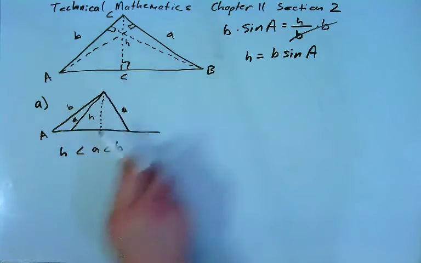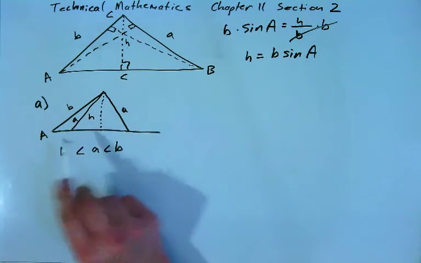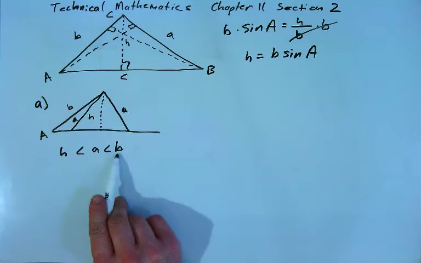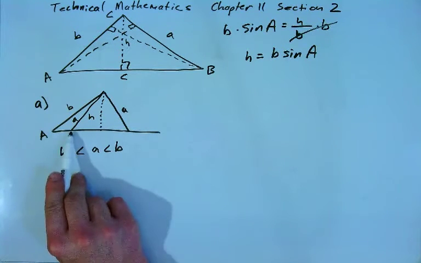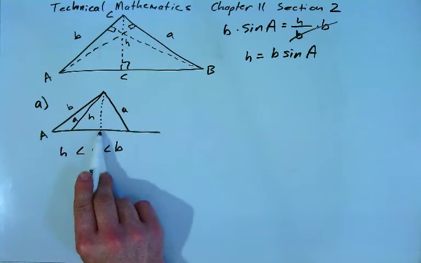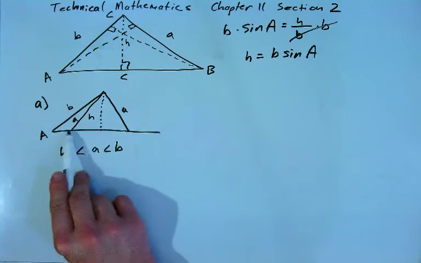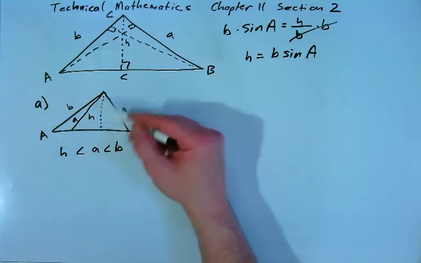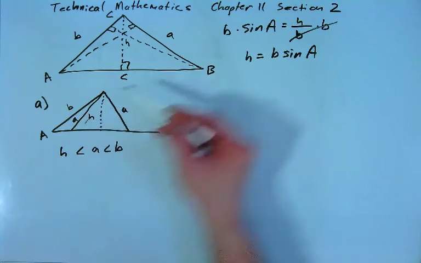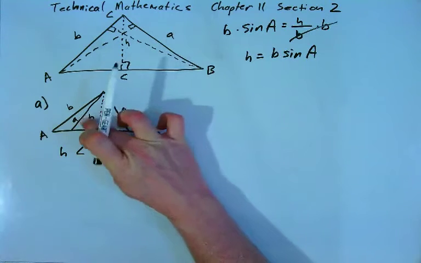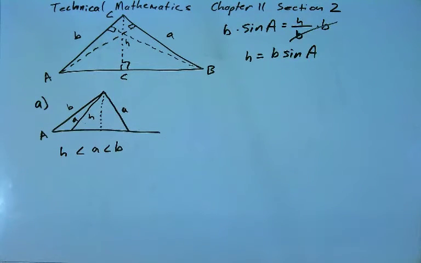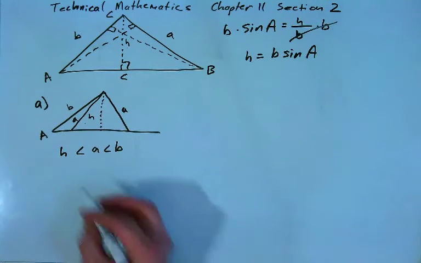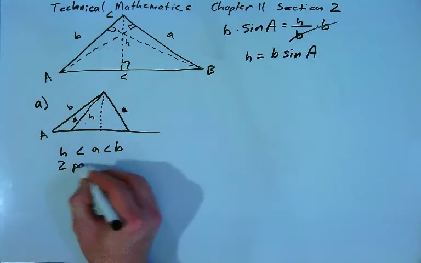If it was shorter than h, it wouldn't touch this opposite side at all. And as long as a is shorter than b, a will fall somewhere between angle A and the right angle formed from h, right? So as long as a is shorter than b, it falls in this area somewhere, and then also over here. And so if a is greater than h, but less than b, then there are two possible solutions.